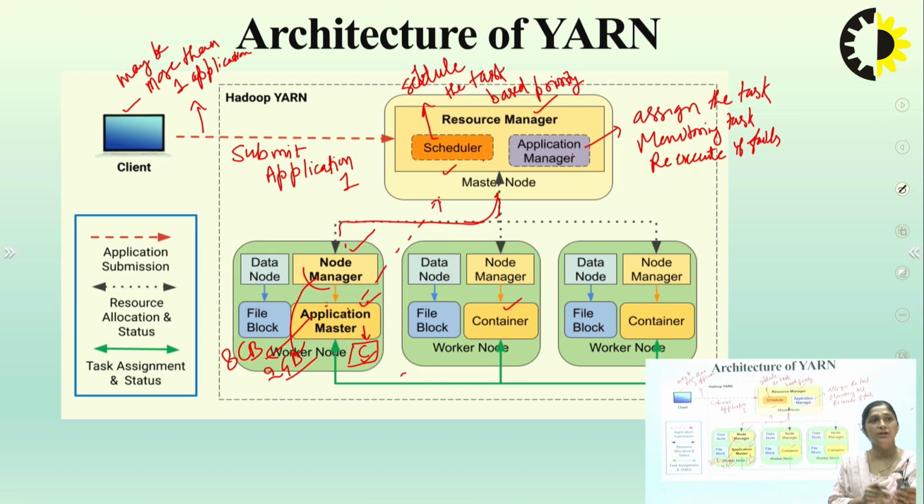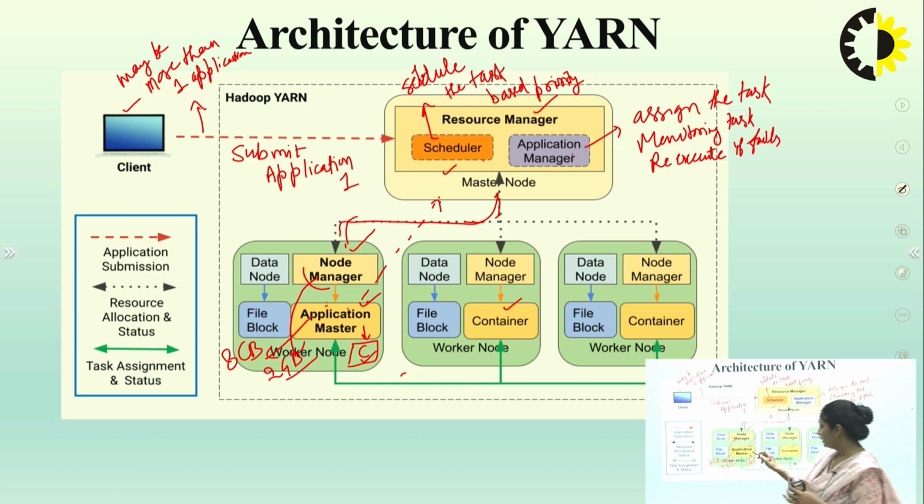After executing the task, it will respond to the node manager. Means the node manager will monitor all the processes. What is the application master? It's a daemon, right? And this node manager will check the status of all these processes and will send the status to the resource manager.